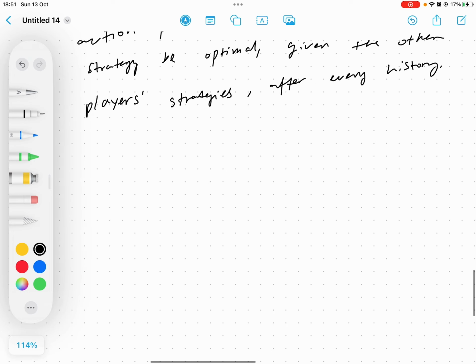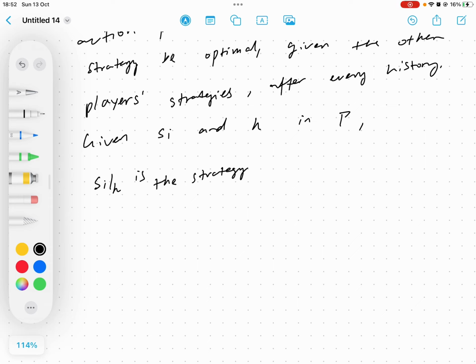Okay, and further, given a strategy Si of player I and history H in an extensive game gamma, this is denoted by Si following H, the strategy that Si induces in gamma H subgame, right?